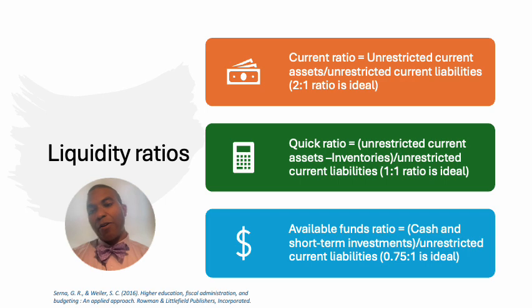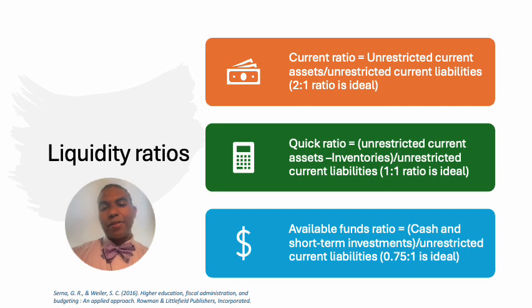With the current ratio, the formula is unrestricted current assets, things that you essentially have access to convert to cash quickly, divided by unrestricted current liabilities, the debts that you owe that need to be paid off quickly. Ideally you want a ratio of assets to liabilities of 2-to-1.